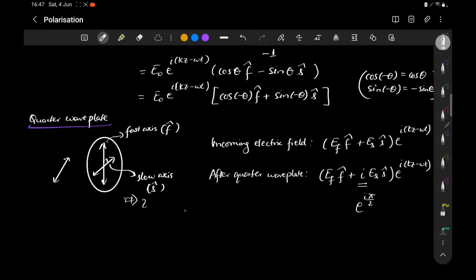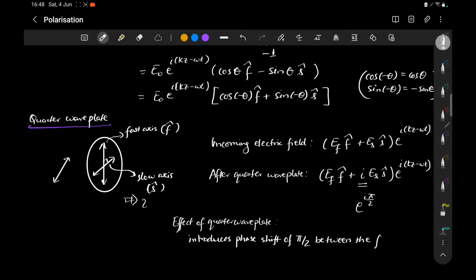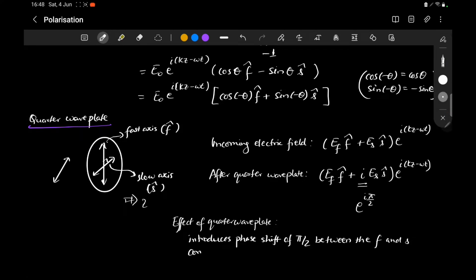So we can write down the effect of quarter wave plate is that it introduces phase shift of pi by 2 between the F and S components of the wave.